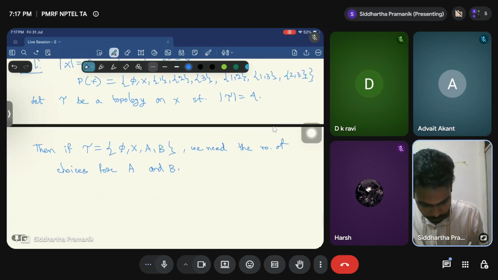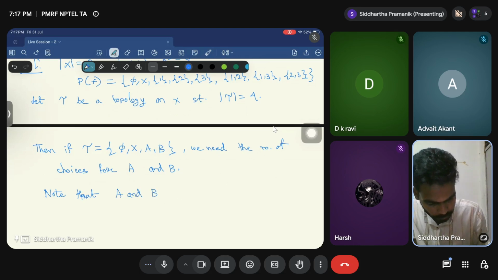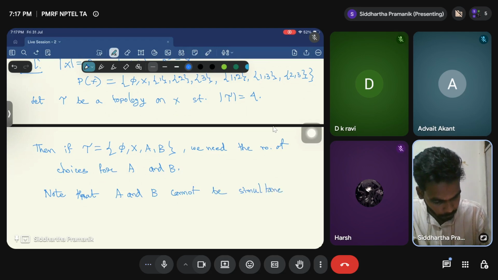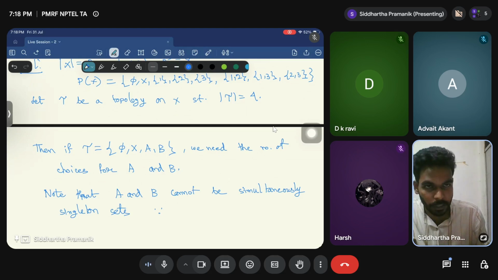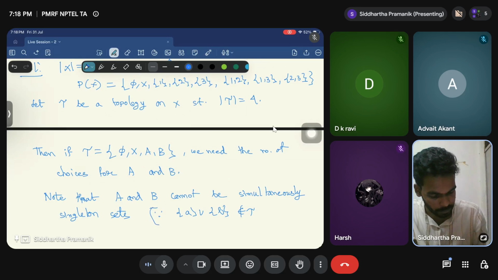So now note that A and B cannot be simultaneously singleton sets, because if you take two singleton sets, A union B will not be in tau, because tau has only 4 elements.